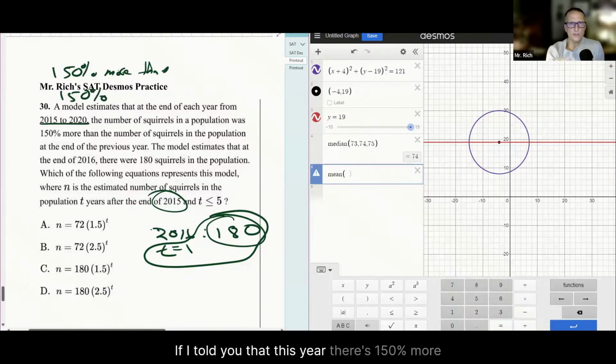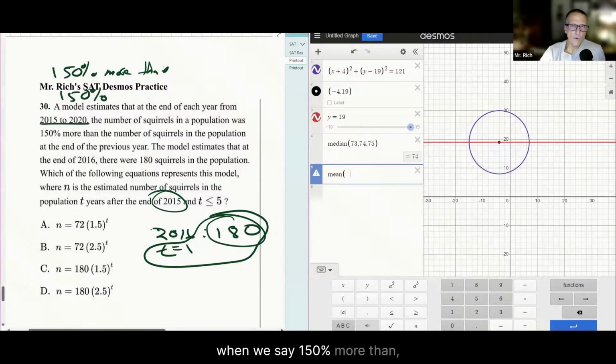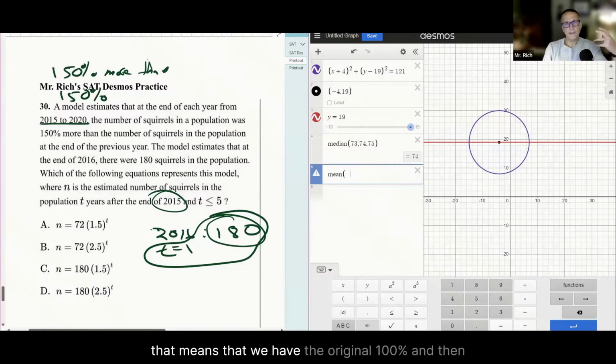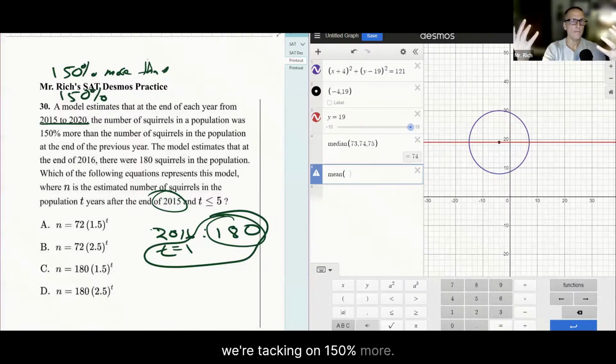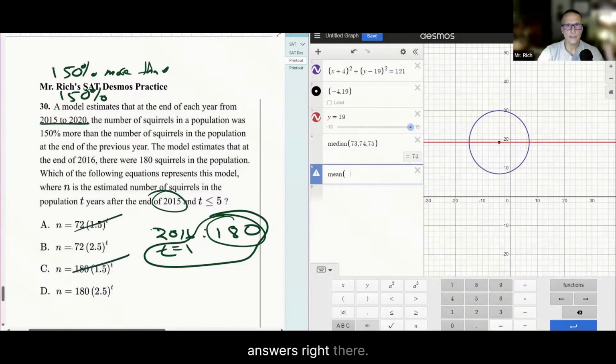If I told you that this year there's 150% more than last year, or I told you there's 150% of the number this year, both of them are an increase. However, when we say 150% more than, that means that we have the original 100% and then we're tacking on 150% more. That's 250% of what there was. So that means you are not going with those two answers right there.